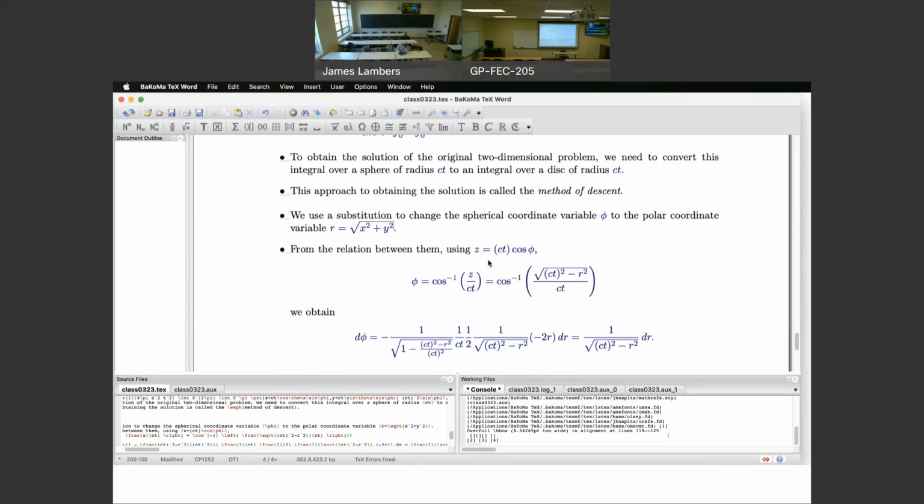But the thing is, x squared plus y squared plus z squared is equal to ct squared. So I can use this to express z. So now I've eliminated z. So now I have this expression for phi.